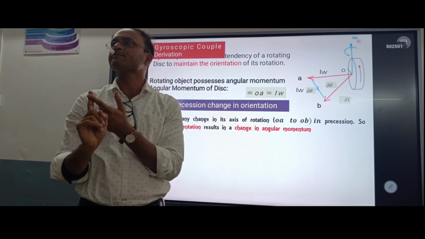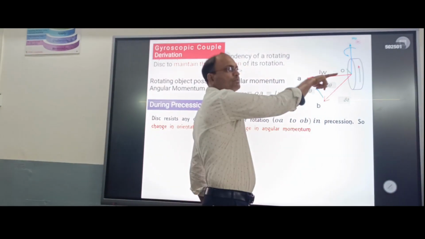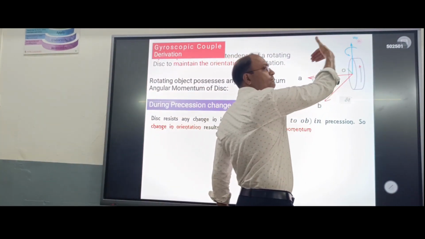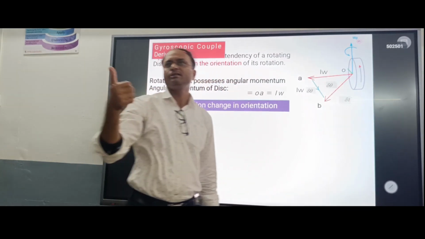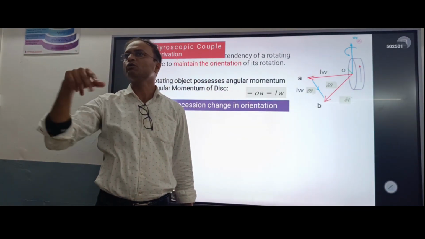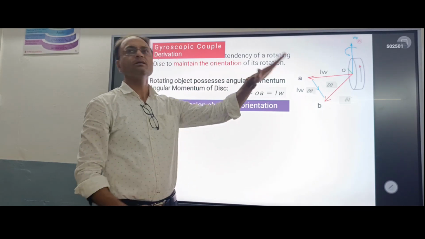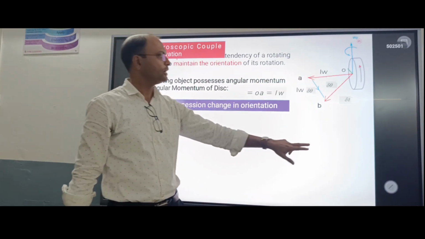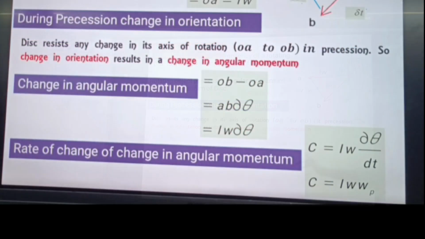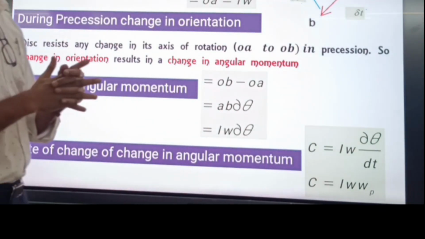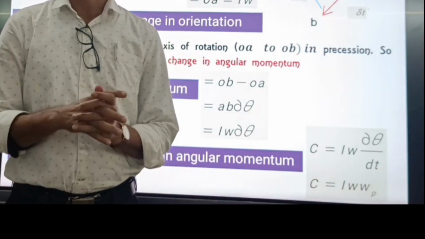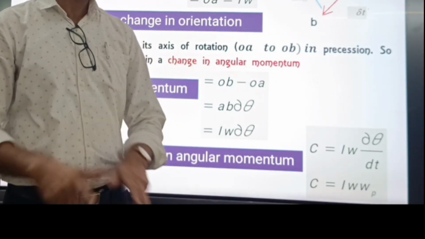Input क्या है? Velocity of spin and velocity of precession. These are the inputs. But ये दोनों का output क्या है? Ultimately couple, because of which the disc tilts on the other side. Okay, with magnitude, what is the magnitude of couple?